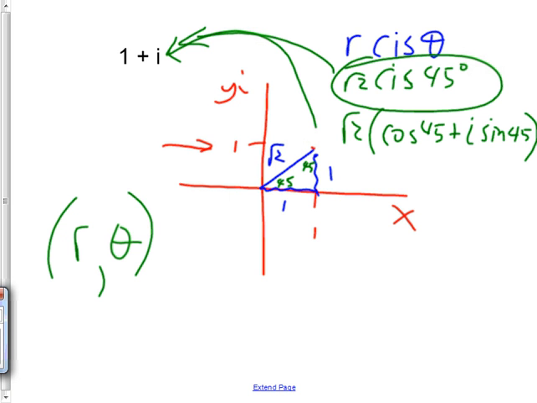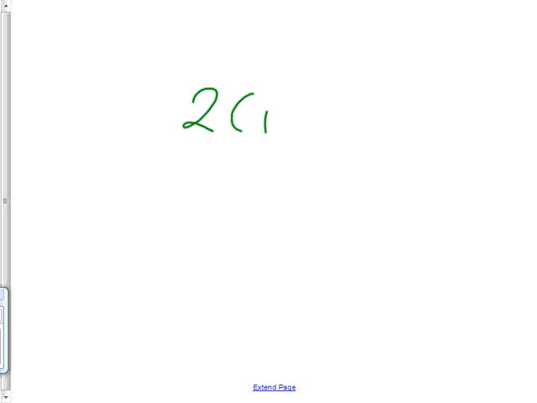Let's go with, let me think for a second, 2 cis pi over 6. Everybody multiply that one out. That's complex polar form. You find complex rectangular form, like 2 plus 3i or whatever it is. I'll pause for a second while you give that a try.